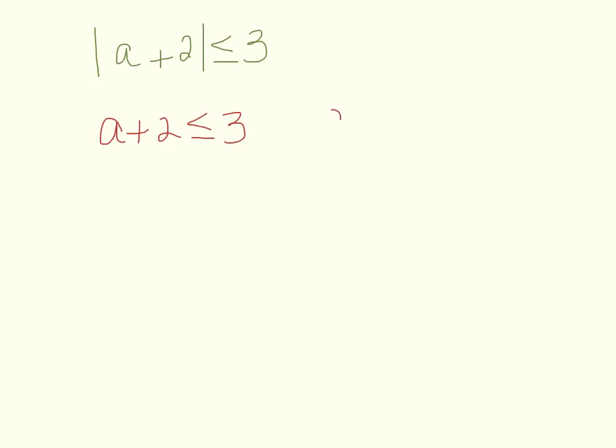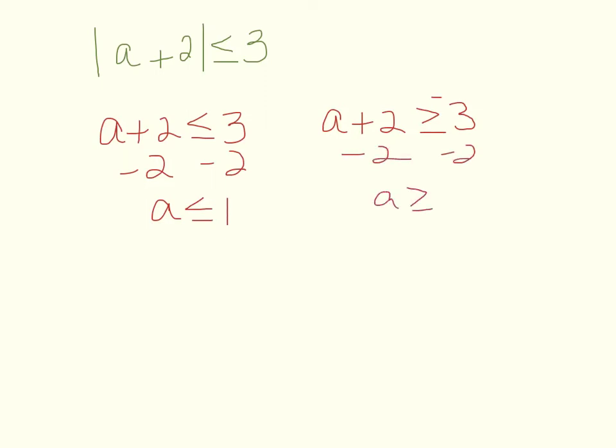The next one, we flip the inequality and we change the answer to a negative. All right, and now let's go ahead and solve these. Subtract 2, so I get a is less than or equal to 1, and a is greater than or equal to -5.